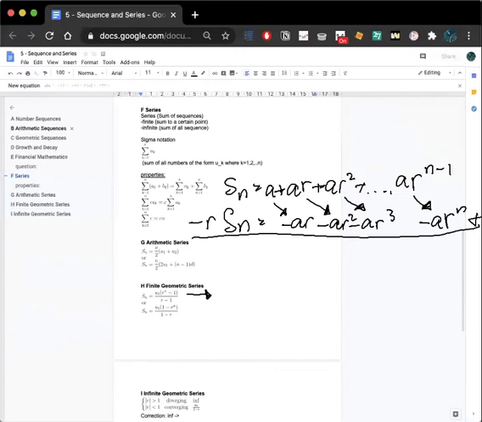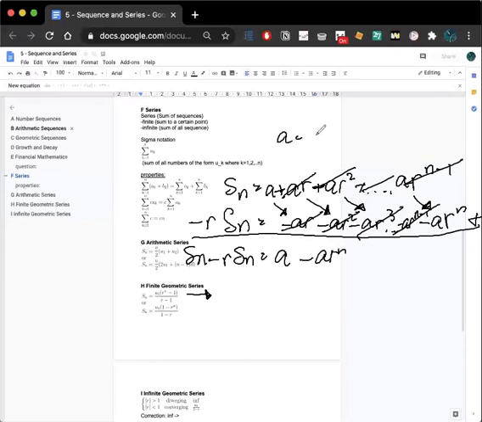If you add this all up, Sn minus r times Sn, a lot of values cross out. You're only left with a minus ar to the power of n. Oh, I forgot to say that a is the first term.